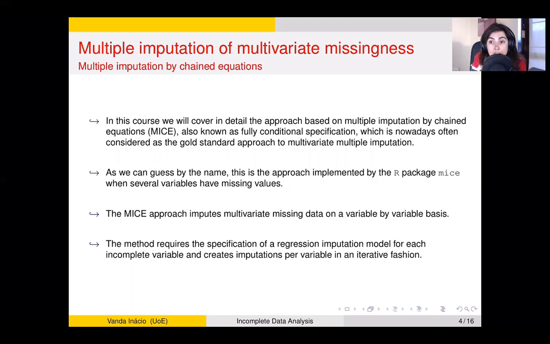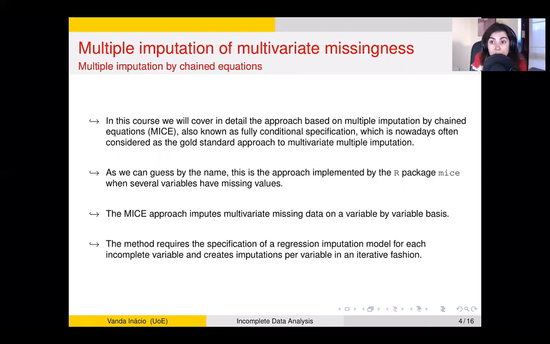And this may seem that we are complicating our life unnecessarily, right? Because we are decomposing the problem of multivariate missingness into a series of univariate missingness problems. But in fact, we are much more comfortable with univariate regression models than we are with multivariate regression models.